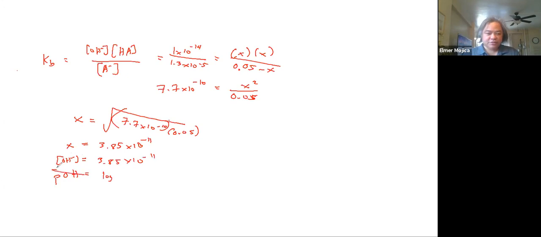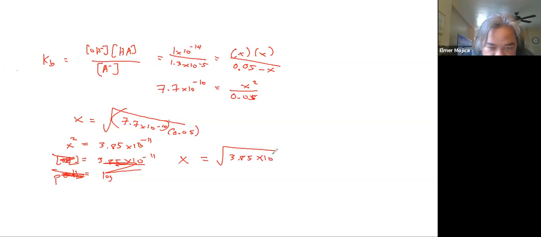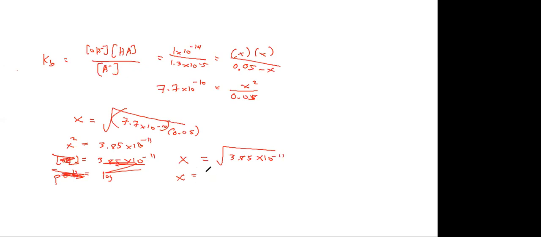Oh, wait, I think I made a mistake here. So the x squared is equal to 3.8 times 10 to the negative 11. So I still have to get the x of that. So what's the x again? 6.20 times 10 to the power negative 6.